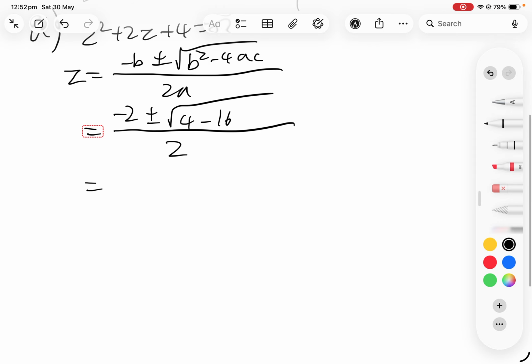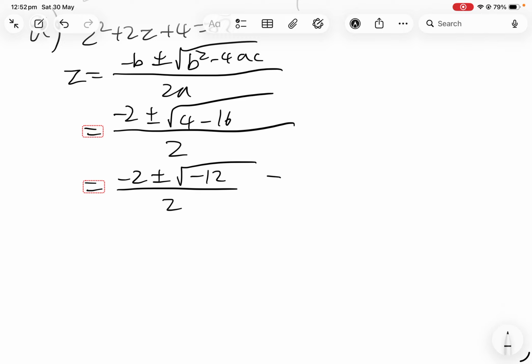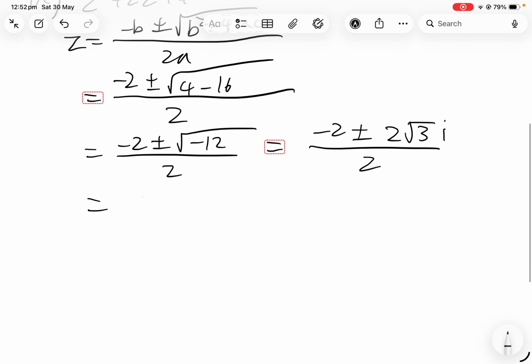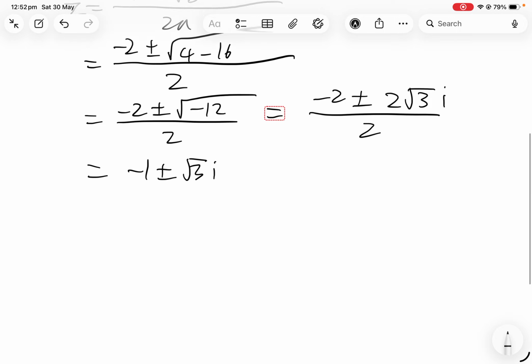So this is negative 2 plus or minus the square root of negative 12, over 2. That equals negative 2 plus or minus square root of 12 i. 2 will come out, since 12 is 4 times 3 and the square root of 4 is 2, over 2, and that equals negative 1 plus or minus square root 3 i.